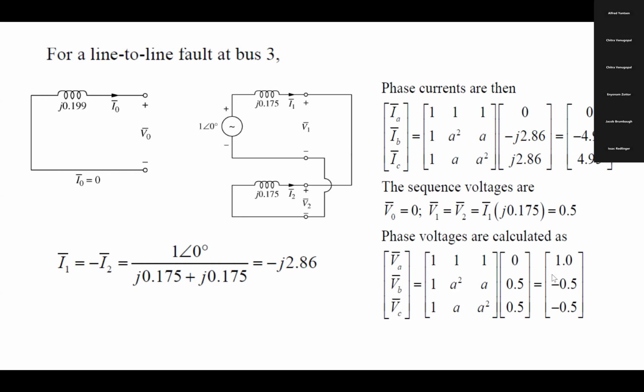What you are getting is I1. Negative of I1 is I2. Okay. So you get I1, and negative of I1 is I2. When you transfer it into ABC, the sequence components, zero sequence, positive sequence, negative sequence, are not going to tell you the fault. You have to transfer that sequence component into phase current and phase voltage.